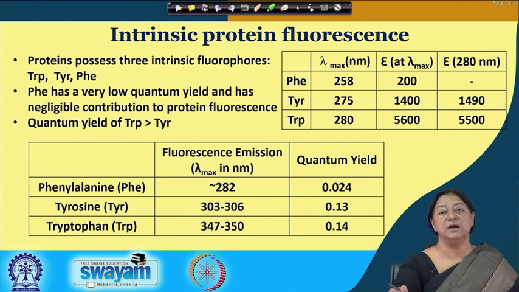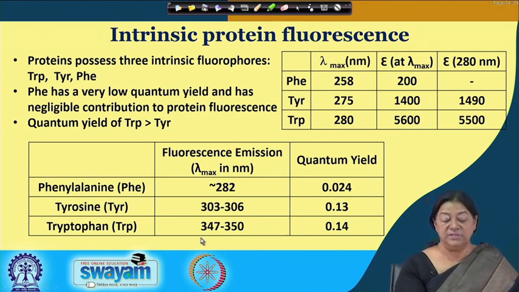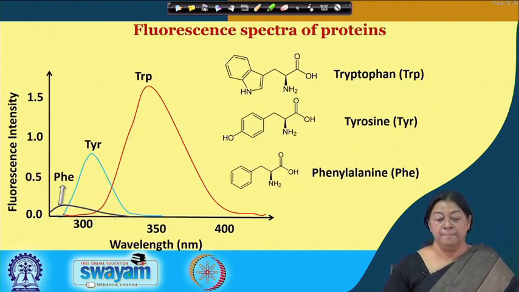We excite our specific molecule of interest, in this case a protein, at 295 nanometer, where we are sure that the tryptophan moieties, the tryptophan amino acid residues, are getting excited, and we start monitoring the emission spectra from, say, 305 nanometers onwards, and we see that we get an emission peak at 347 to 350. This will be shown to you in the experiment on fluorescence spectroscopy.